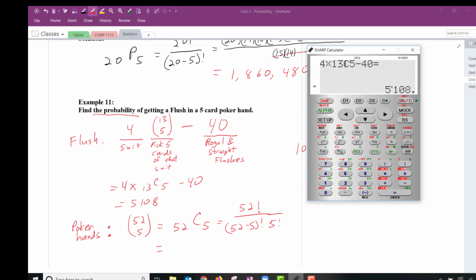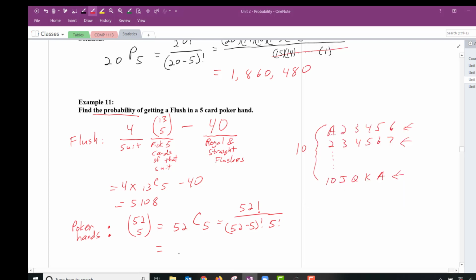We could just do it on our calculator: 52 choose 5. The order of the 5 doesn't matter. We get 2,598,960, about 2.6 million. So the probability of a flush is just the ratio, 5,108 divided by 2.6 million.